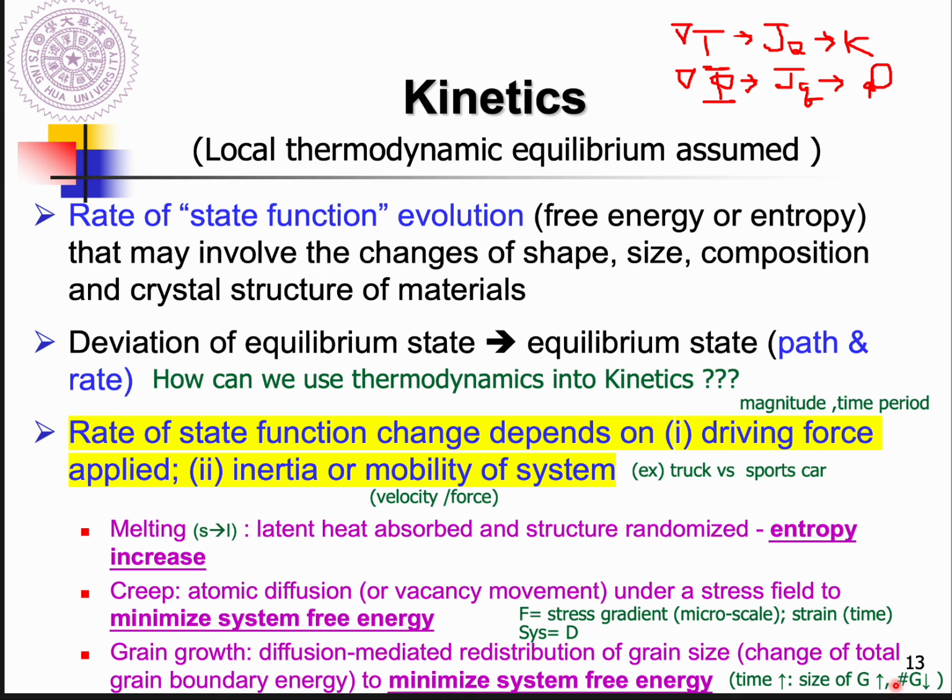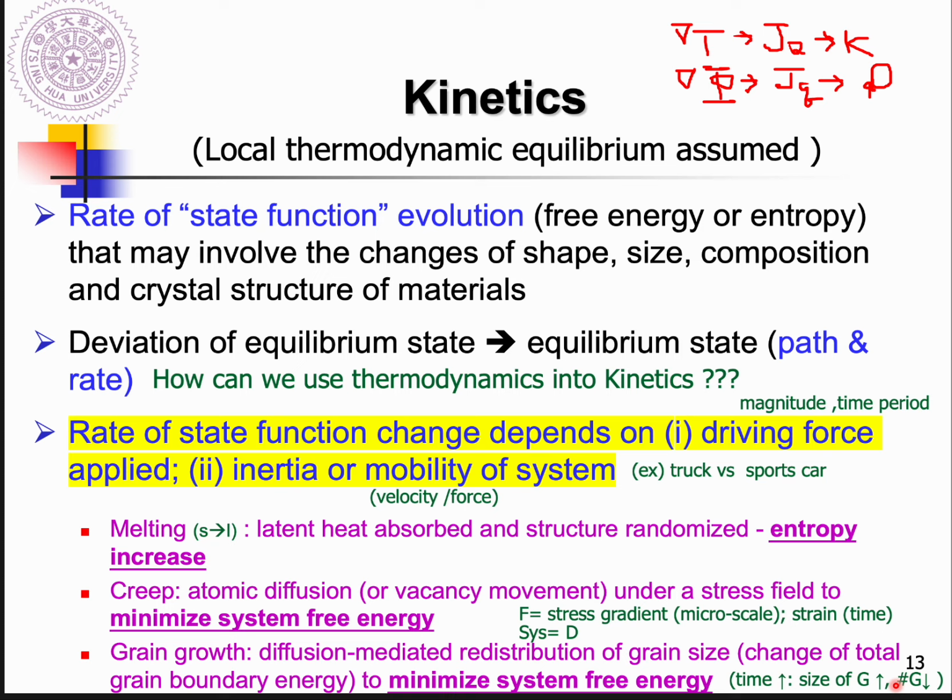That means some grains grow bigger and bigger, and some grains shrink and disappear. The reason for this is that the energy of the grain and the energy of the grain boundary are different.